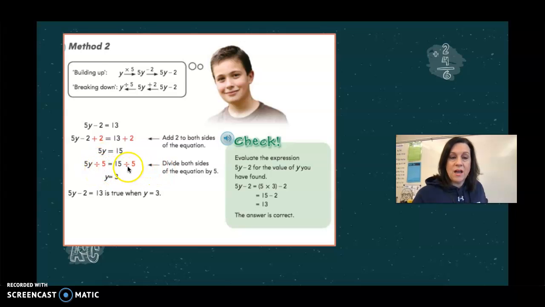And we know 15 divided by 5 is 3. So 5 times 3 is 15. All right. 5y minus 2 equals 13 is true when y is 3.